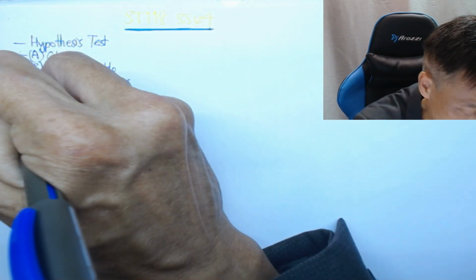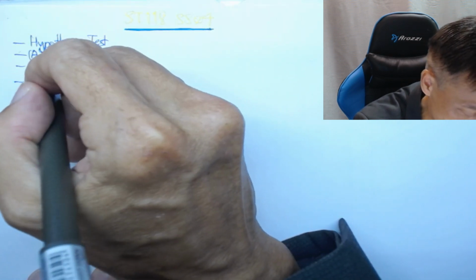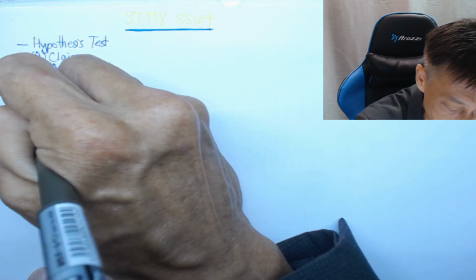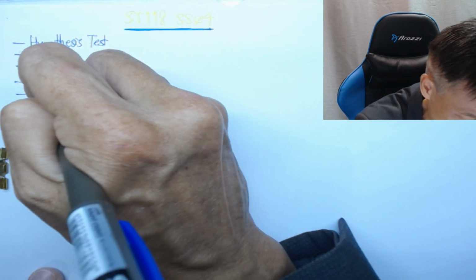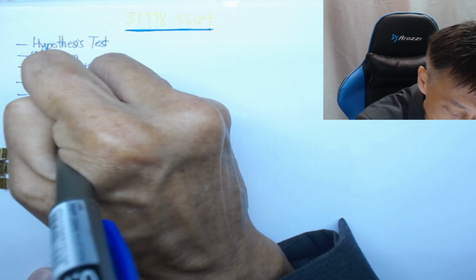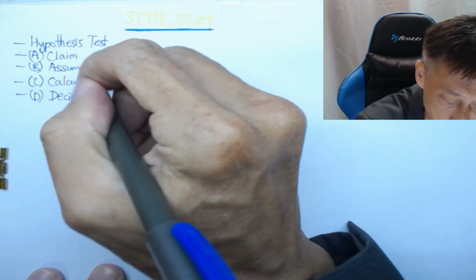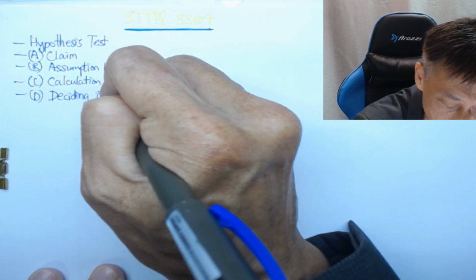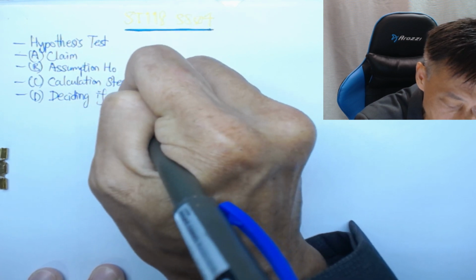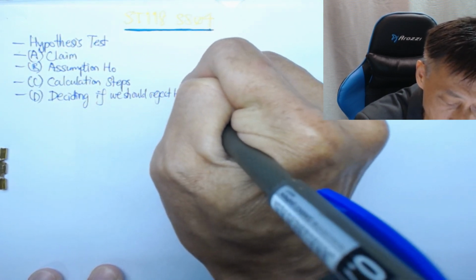And D, we want to talk about deciding if we should reject H naught.